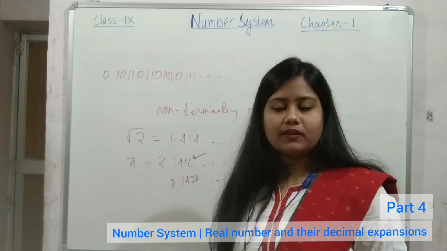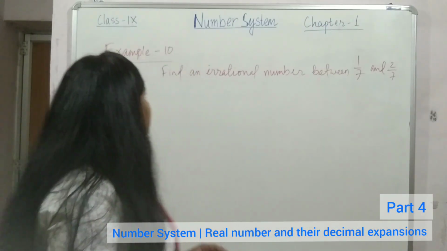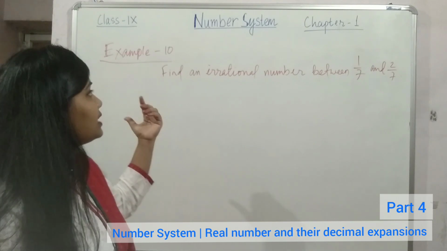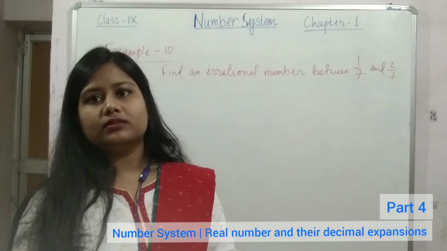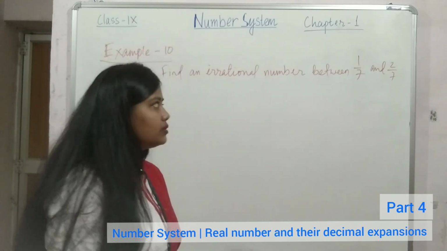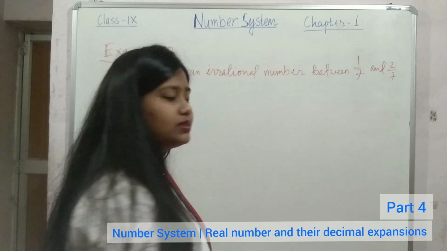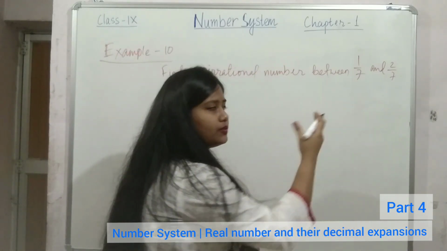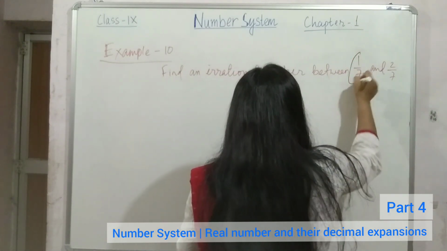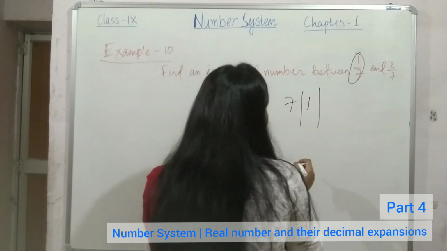Now let us solve another example from the textbook. Example 10: find a rational number between 1 by 7 and 2 upon 7. To find such a number, we need to find the decimal expansion of the first rational number. Divide 1 by 7.